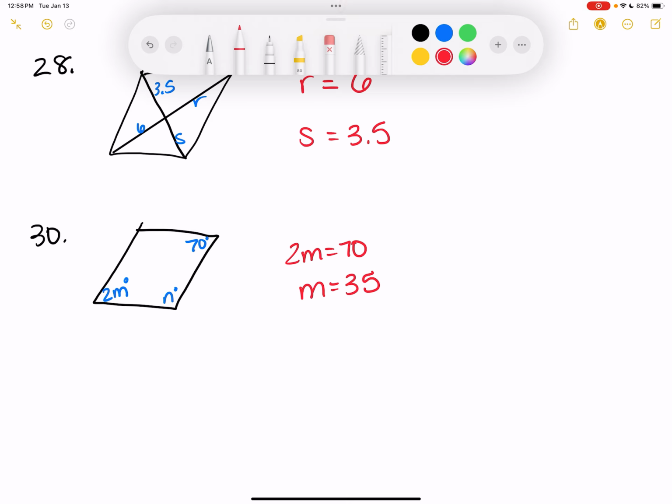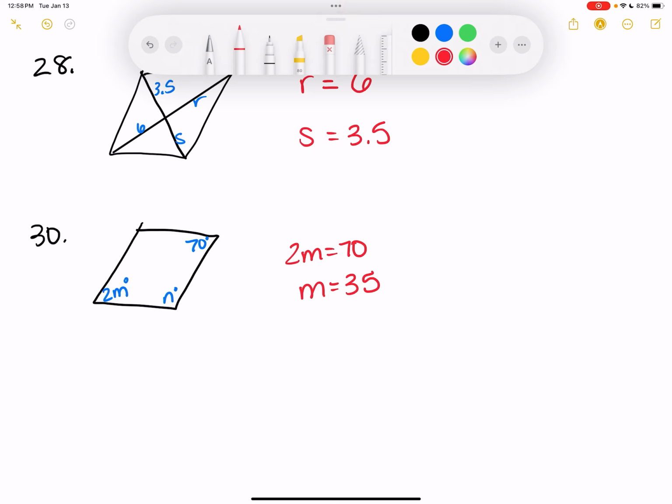Now, with the information I've been given, how would I go about finding n? 360 minus 70 minus 70. There's an easier way. You have another theorem for this. What's true about these two angles right here?